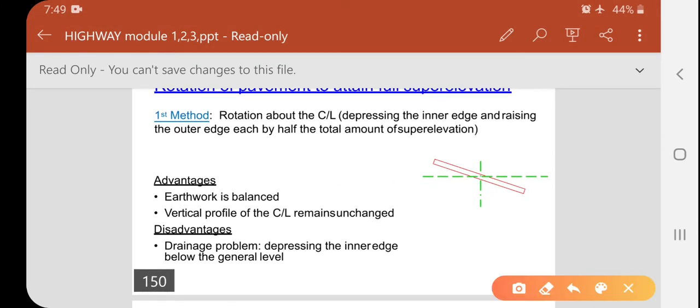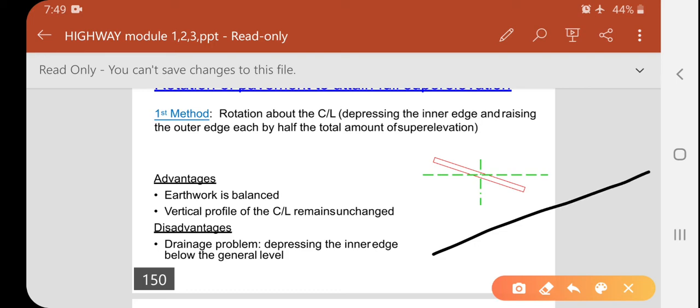Okay, let us see the first one. Rotation about the center line, depressing the inner edge and raising the outer edge. This is normally the super elevation method used. Advantages: earthwork is balanced. Nothing but while we are assuming we need to construct a road, I will draw here.